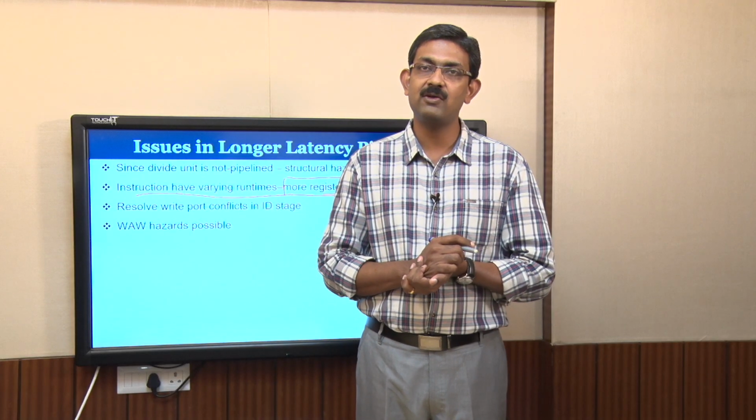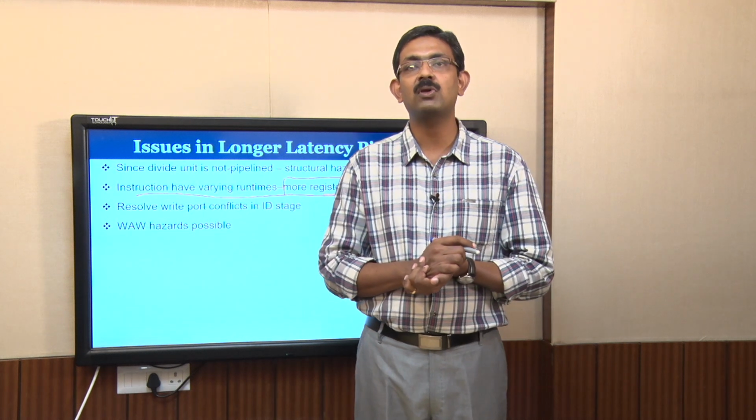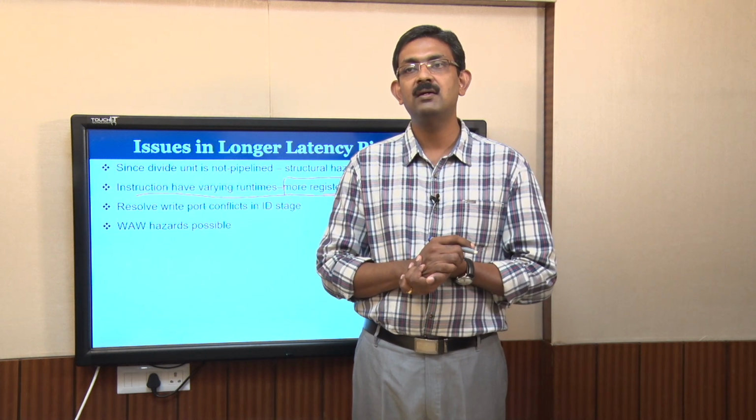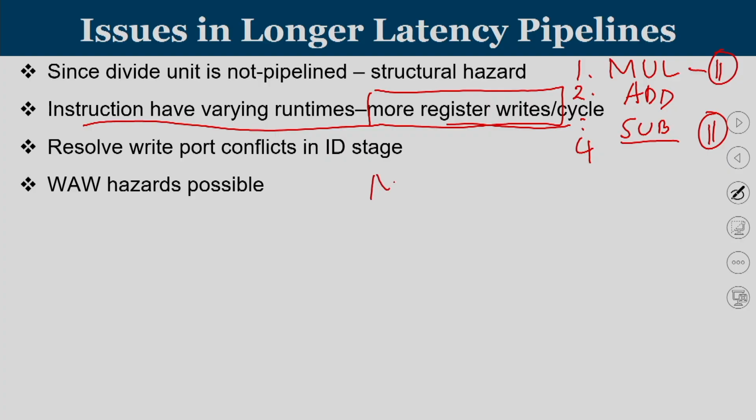WAW hazard is a scenario where the second instruction is going to write into a register before the first instruction writes on it. So consider the case where you have a multiplication instruction that is going to write into R1, and then you have an add instruction that is going to write into R1.